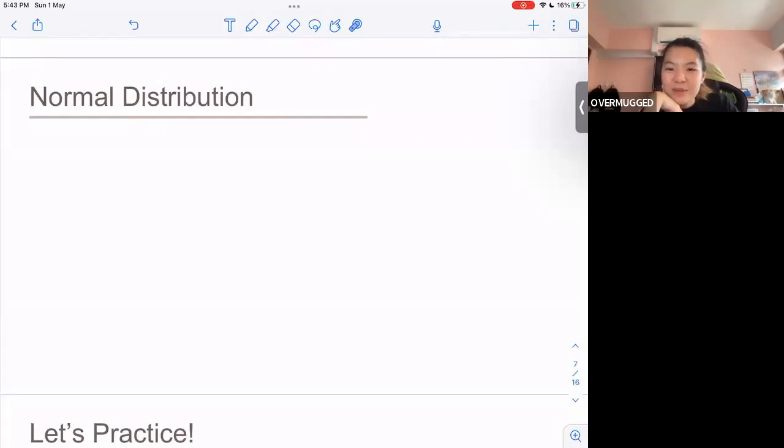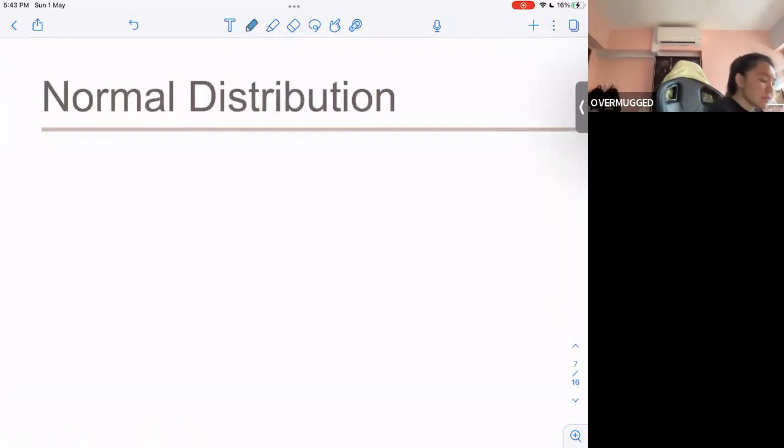Okay. So for normal distribution, a couple of things. Usually normal distribution is for when your n is very, very large, when you have so many outcomes that it's very difficult to count.